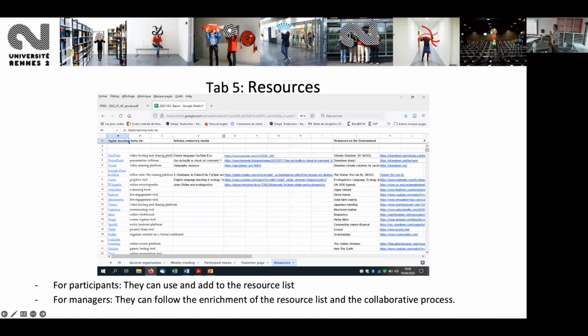Okay, and then this final page is perhaps the most useful, and it does chime in with what was being said yesterday about curricula not keeping up with new technology.